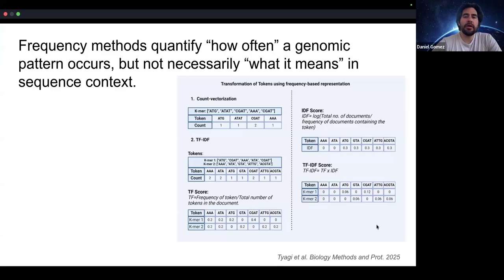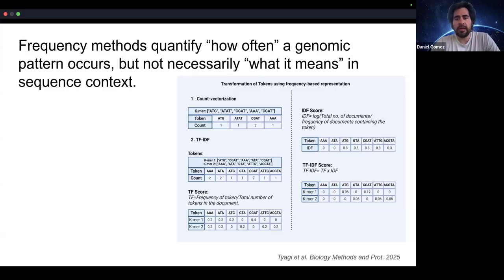All right, so frequency methods quantify how often a genomic pattern occurs, but not necessarily what it means in sequence context. Transformation of tokens using frequency-based representation: we have one, count vectorization, and two, TF-IDF, which is a term frequency-inverse document frequency transformation. The TF score is the frequency of a token over the total number of tokens in the document.